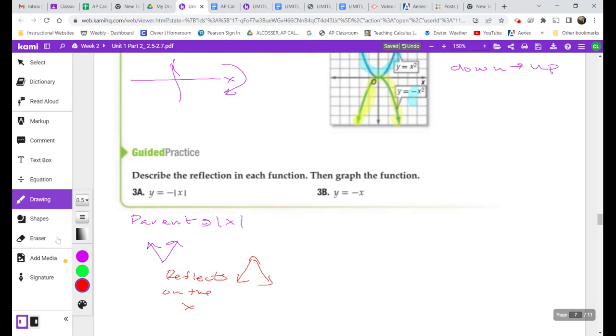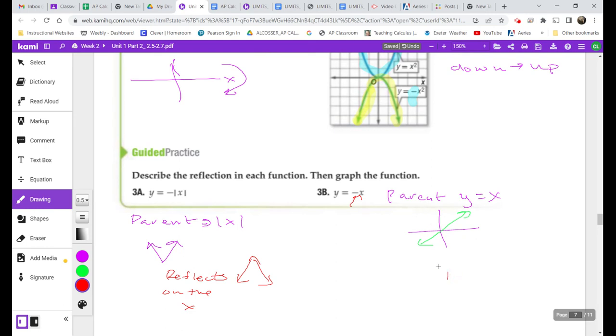All right, let's look at this one. Let me change this one. So our parent is y equals x. So that one looks just like this. It goes like that. But I have this negative in front. And that tells me I'm flipping across the x-axis.